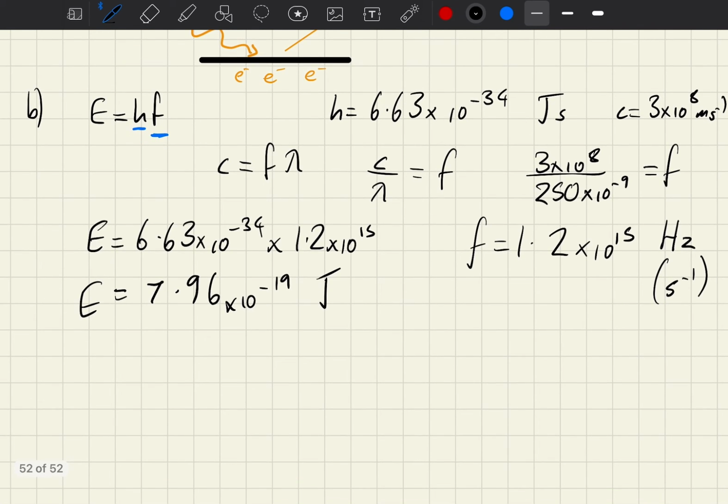So if I want to work that out in electron volts, then what I do is divide it by the value for 1 electron volt. So I know that an electron volt is equal to 1.6 times 10 to the minus 19 joules.